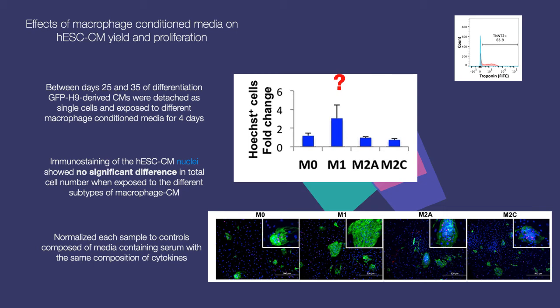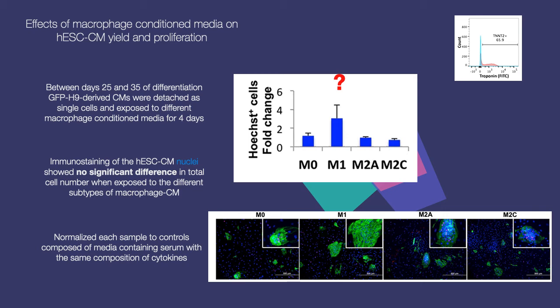After these 4 days, the cells were stained with a Hirsch stain that shows up blue and dyes the nuclei. And then they did fluorescent microscopy to quantitate this in the same way that they did before, using the histogram as shown in the upper right-hand part of the slide.